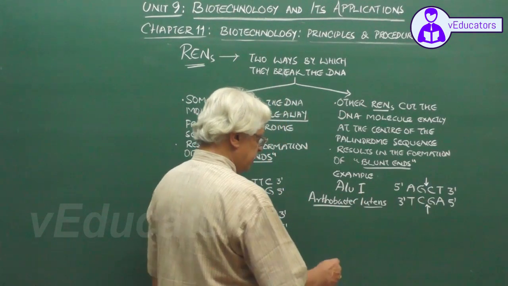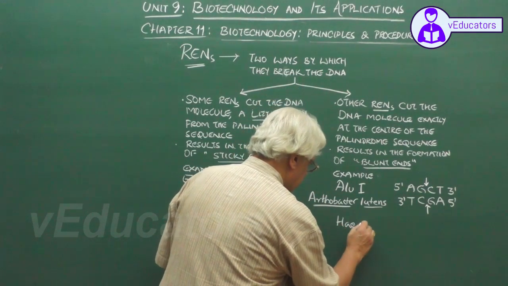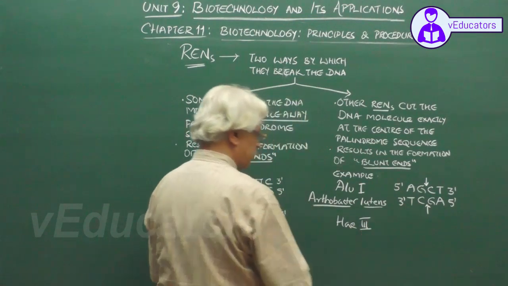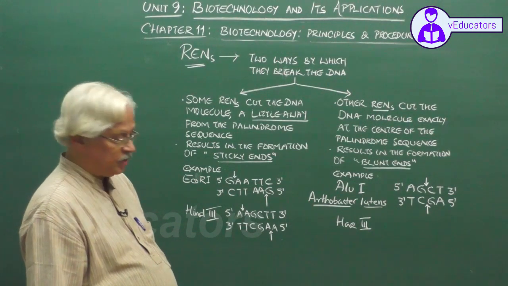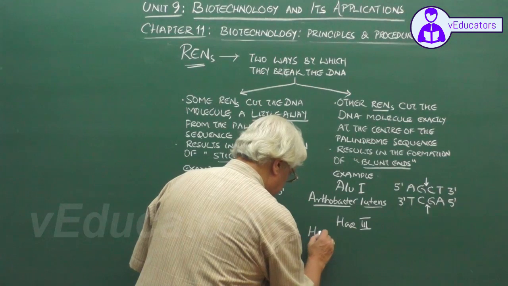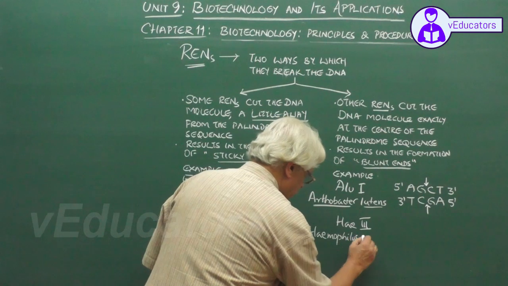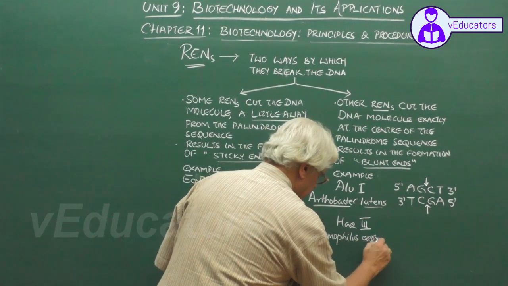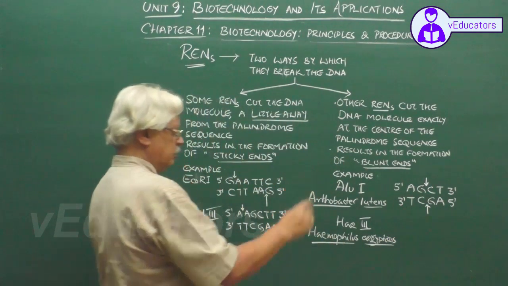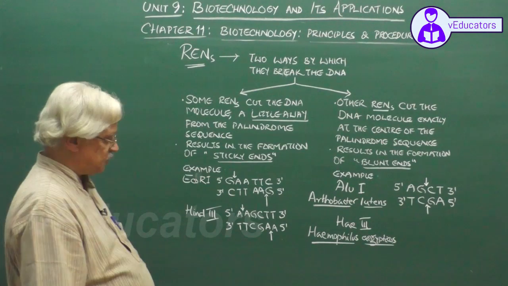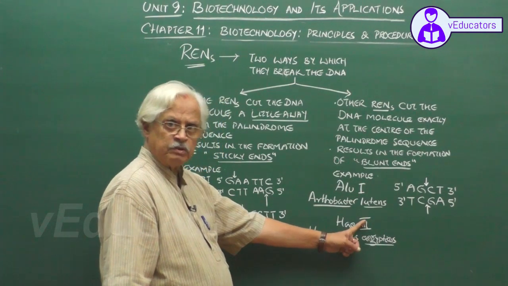Similarly, another enzyme, HaeIII, another restriction enzyme HaeIII. This is obtained from the bacterium Haemophilus aegyptius, Hae, sequence number 3.